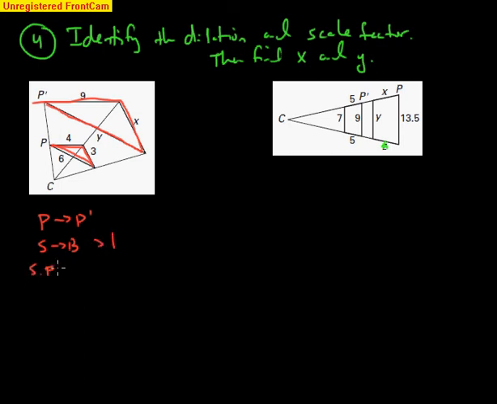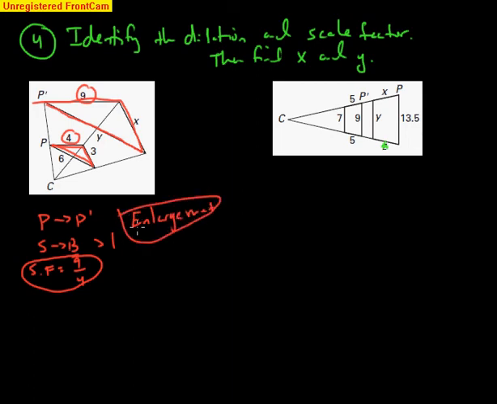So here, the scale factor is going to be, now we have a pair of corresponding sides here and here. 9 over 4. Greater than 1, and it does not simplify. If you are going from small to big, you are considered an enlargement. Or enlarge, whichever you prefer. I don't care. Okay? And now find x and y.